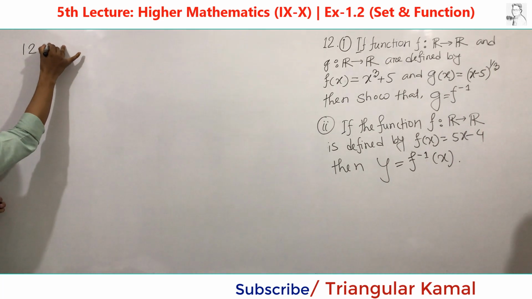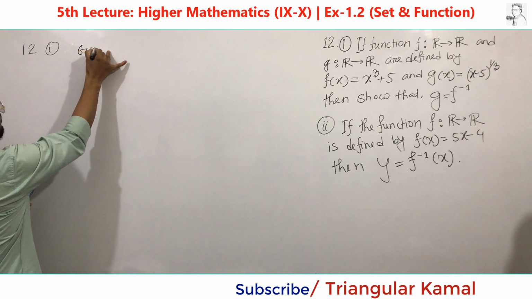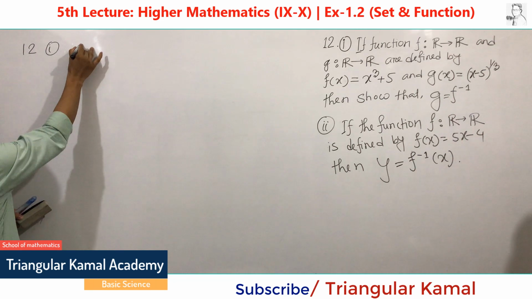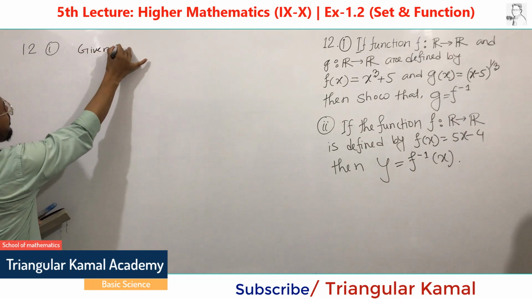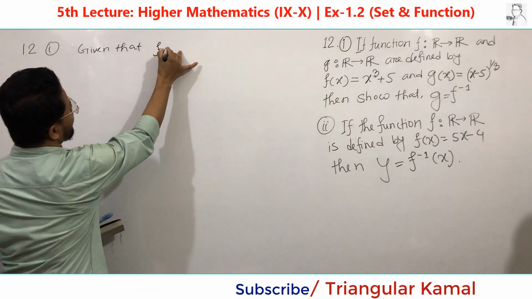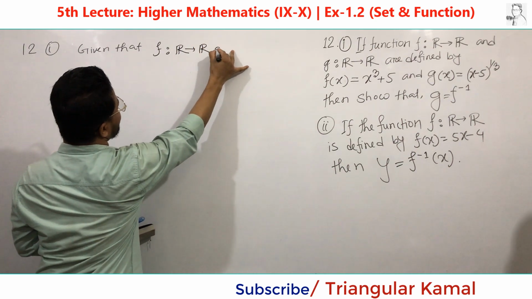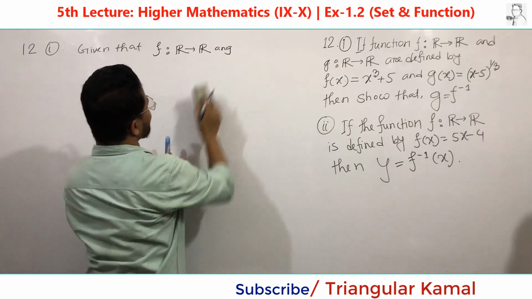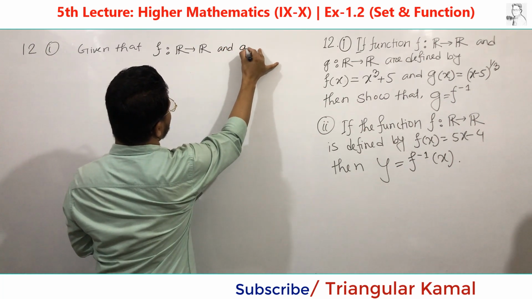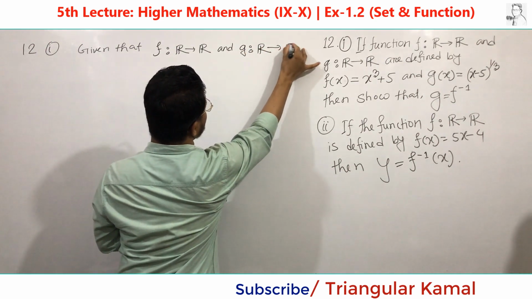Number 12, 1. Given that f is from real number to real number, and the function g is also from real number to real number.